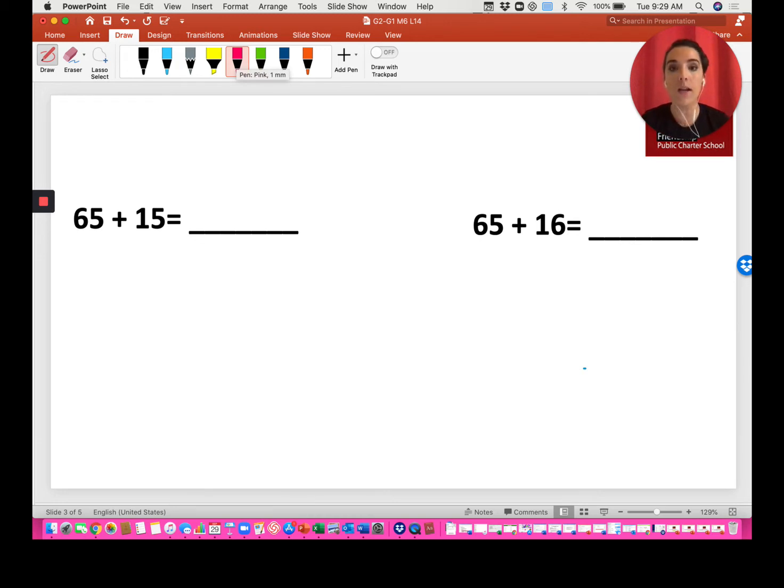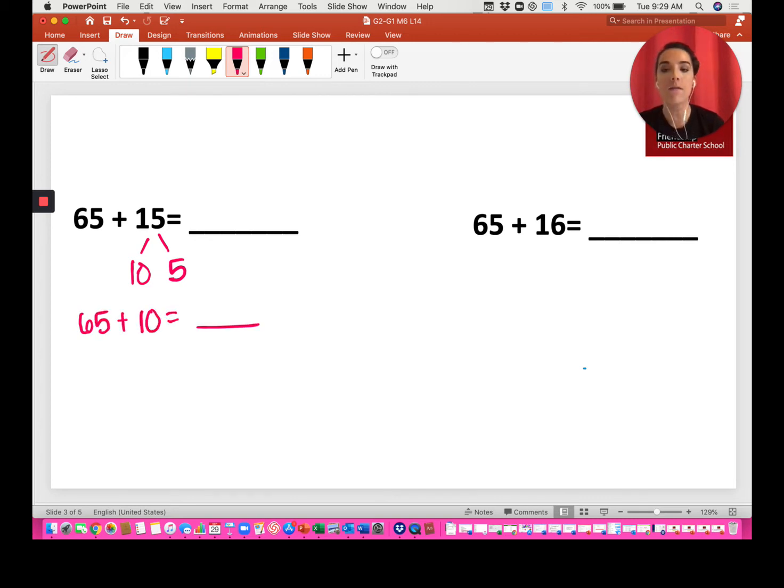And so we can solve 65 plus 15 by decomposing the number 15 so that it shows 10 and 5. And when we decompose that into 10 and 5, I can now start by adding 10 and then adding that 5 more. So the first addition equation I'm going to do is 65 plus 10.